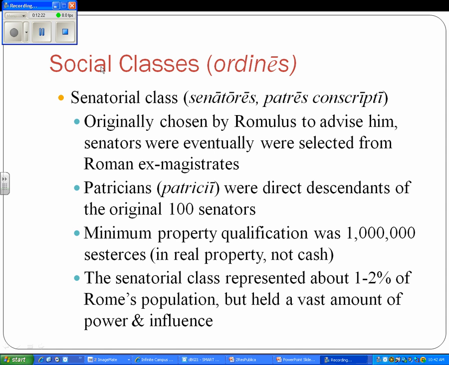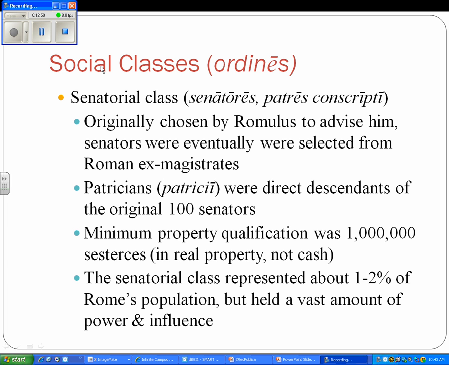Through most of the Republic, the minimum property qualification for someone to hold or get selected to be a member of the Senate once the Senate was an appointed post was 1 million sesterces. Using the equivalence scale that we used to use in Latin 1, it's about $5 million worth of real property.